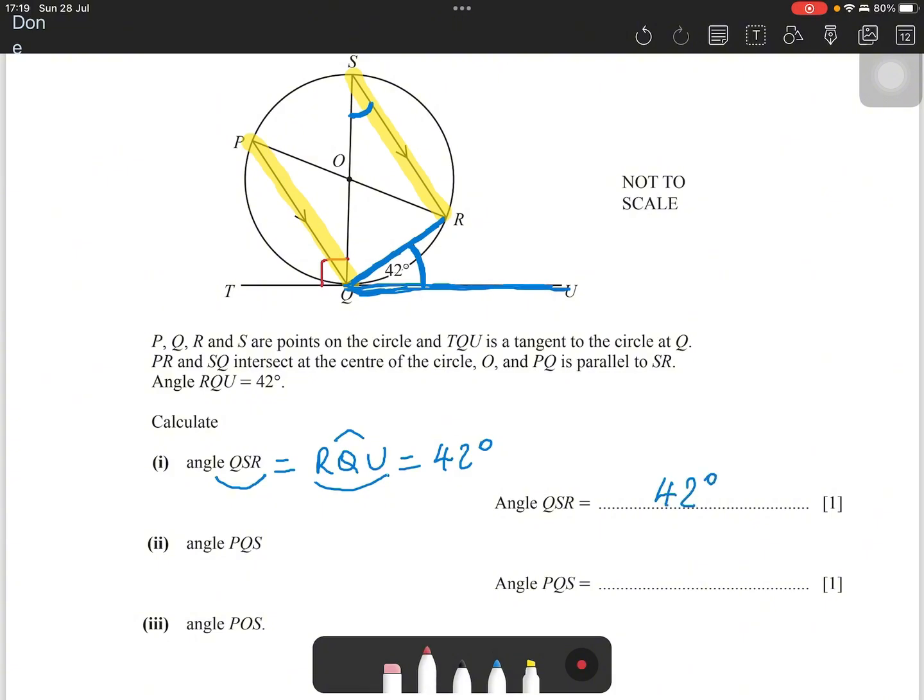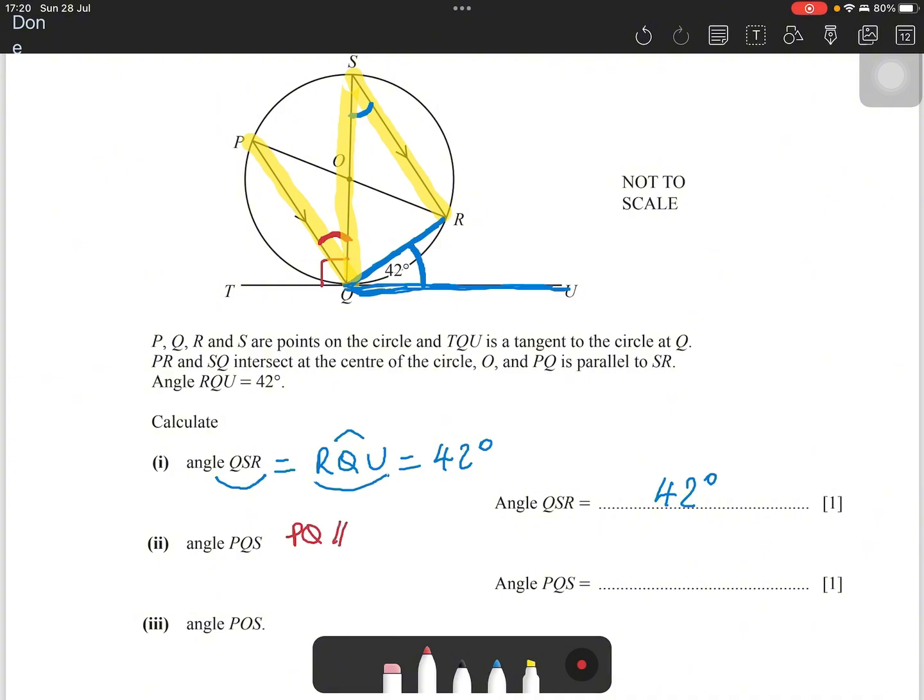Second, angle PQS. This red angle and the blue angle are alternate interior angles, because the side PQ and SR are parallel.